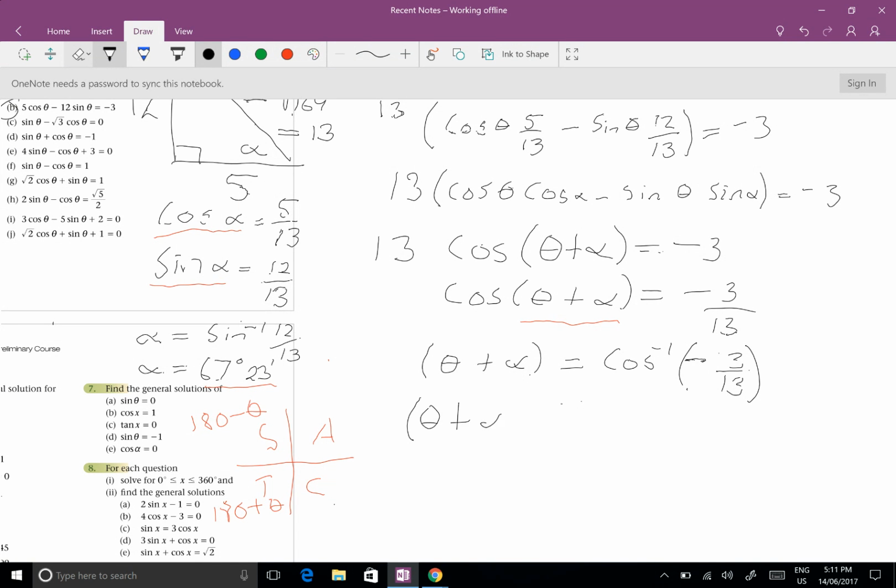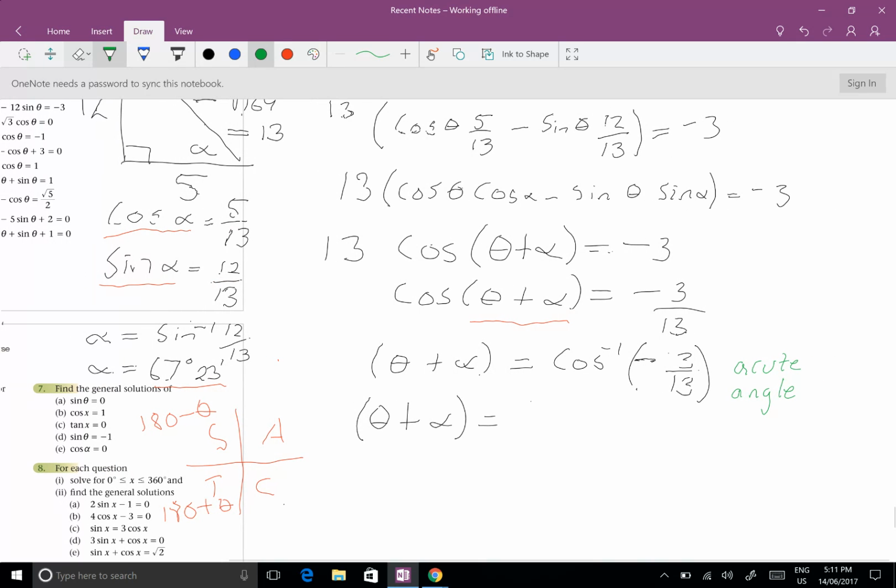So if I go inverse cos, shift cos, 3 on 13, I get the acute angle. I'm going to use a different colour here. The acute angle is 76 degrees and 39 minutes.